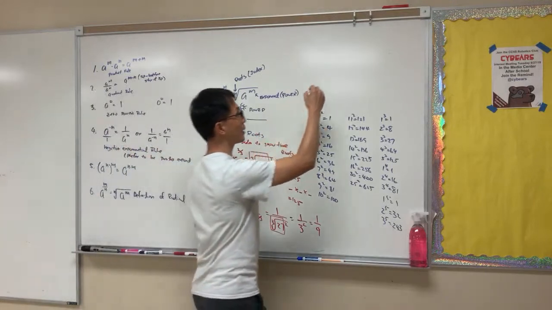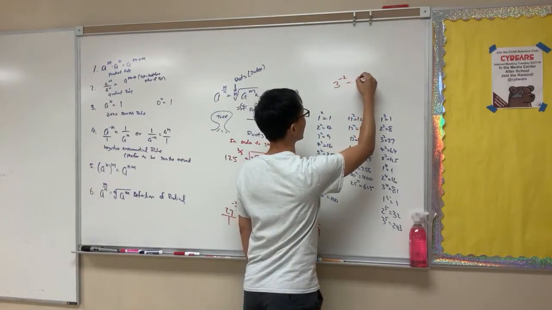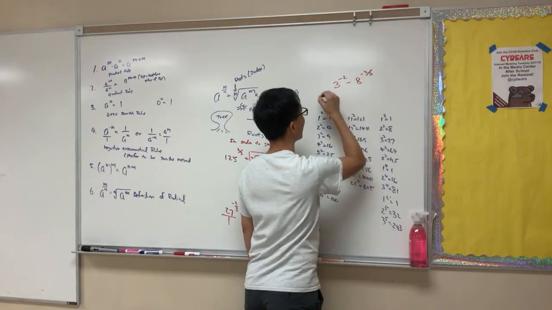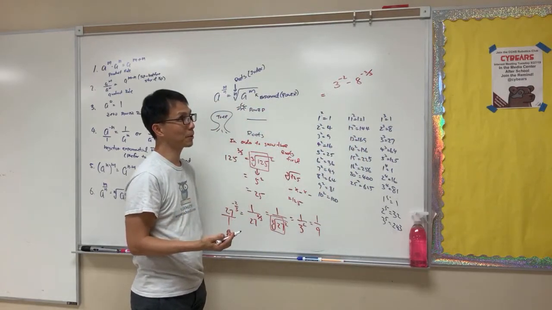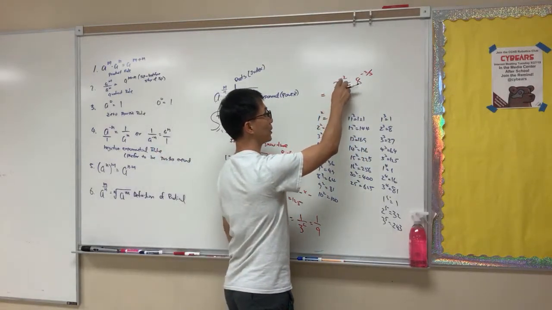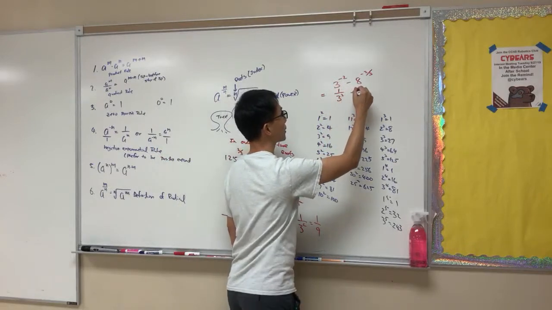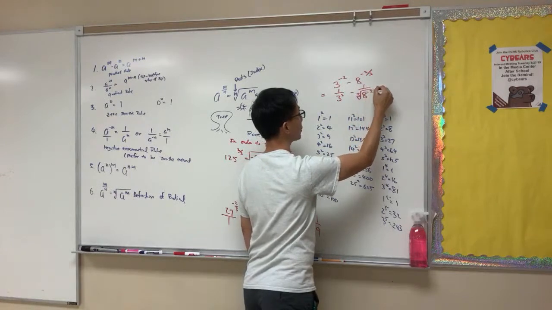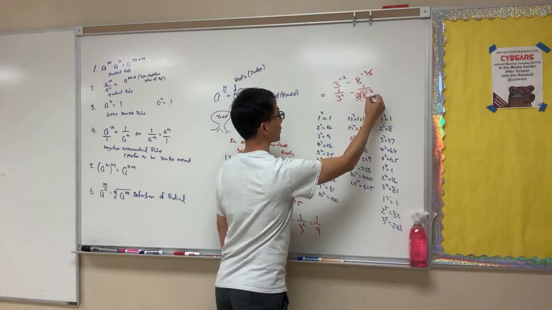I also ask a lot of times this question: 3 to the negative 2 minus, let's say, 8 to the negative 2 over 3. This is the type of question where I combine both the negative exponent rule and this one. This one is going to be 3 to the negative 2 power, that means 1 over 3 squared, minus 1 over 8 to the 2 over 3. I'm going to take care of this part first.